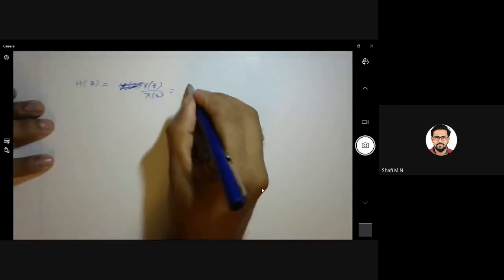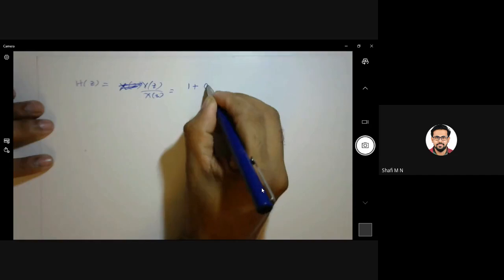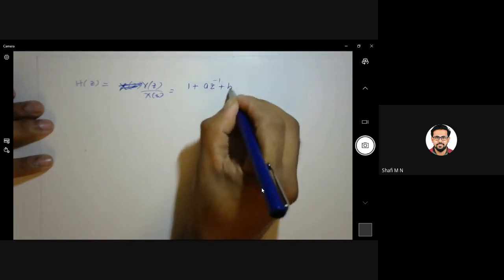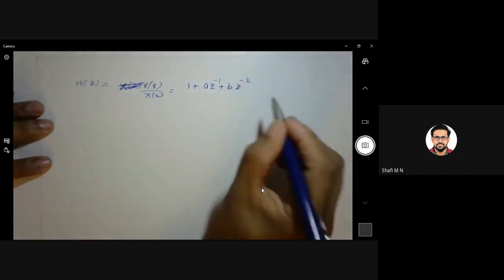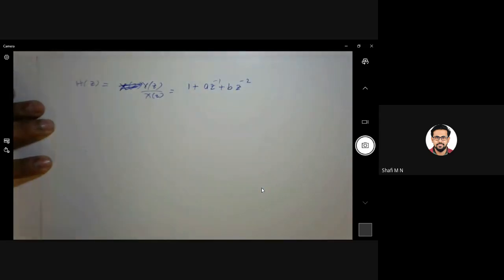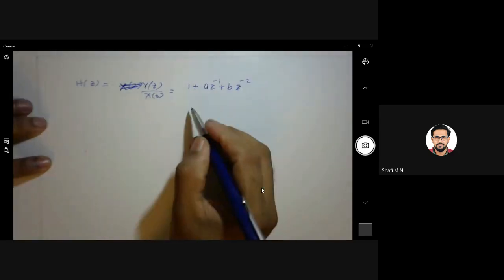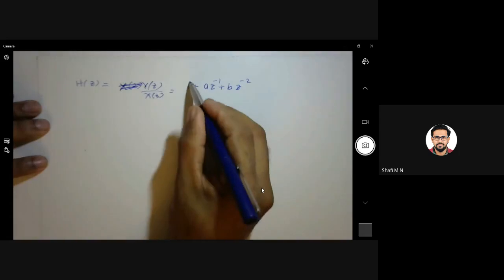So that will be something like 1 plus a z raised to minus 1 plus b z raised to minus 2. So this is a second order thing, right? In this case, see the first coefficient.